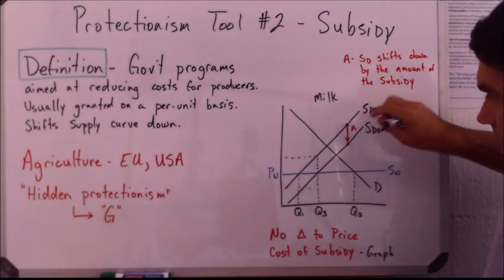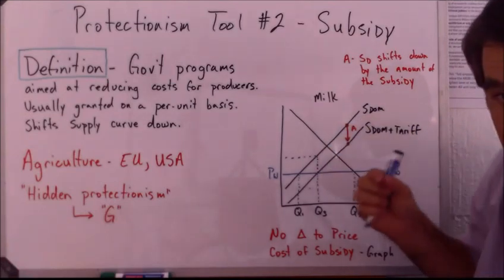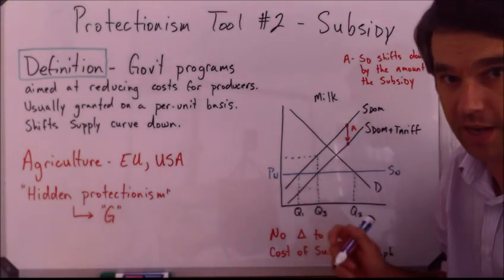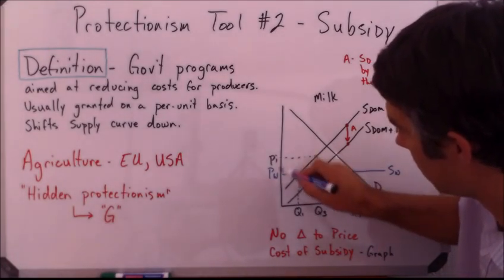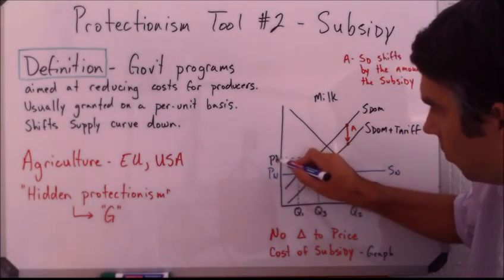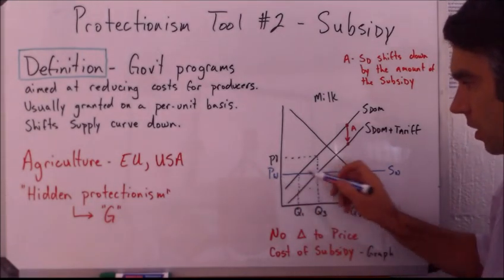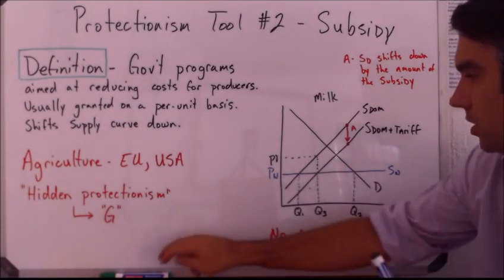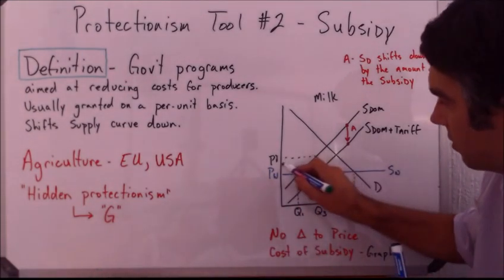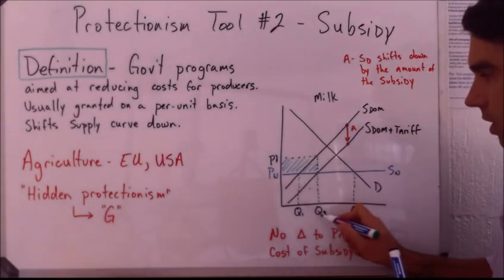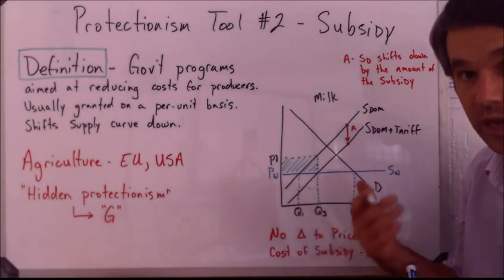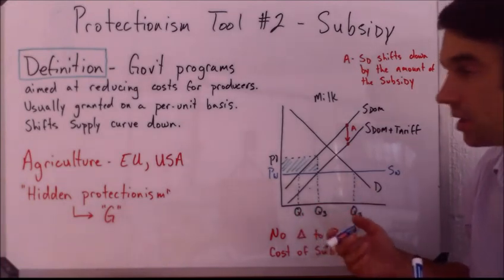Because remember, distance A is the value of the subsidy, what the government has to pay. So this whole region here, from PW up to P1 and over to Q3, this whole region is going to be what the government has to pay just to get Q1 to Q3 to be produced by domestic suppliers.